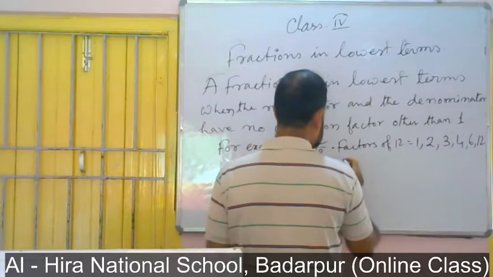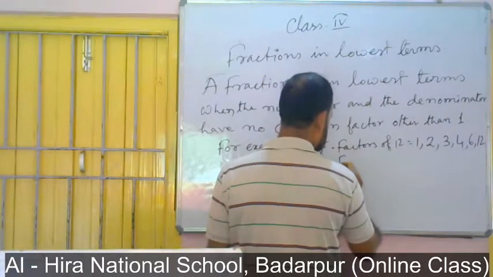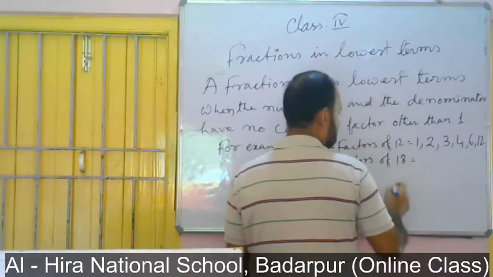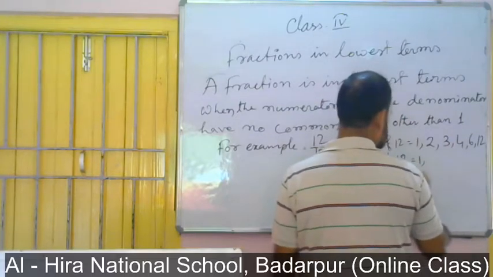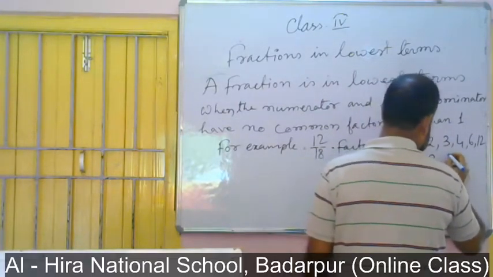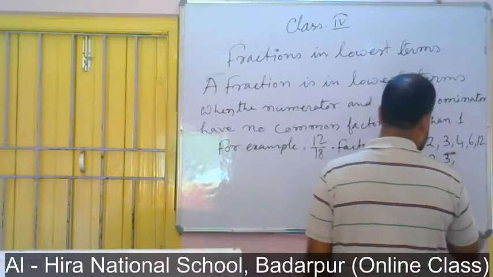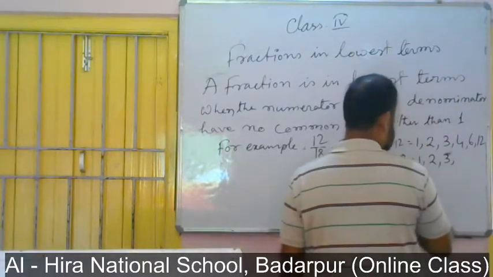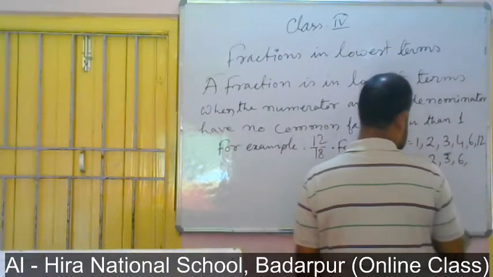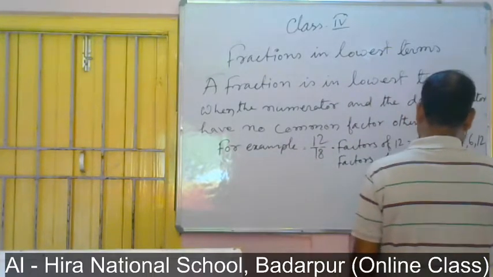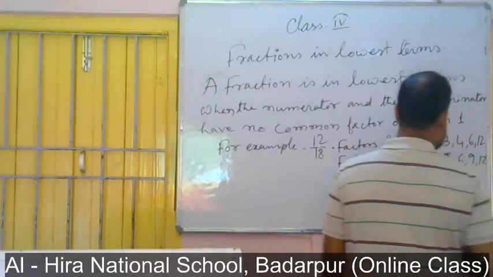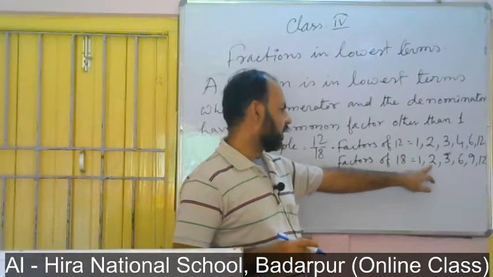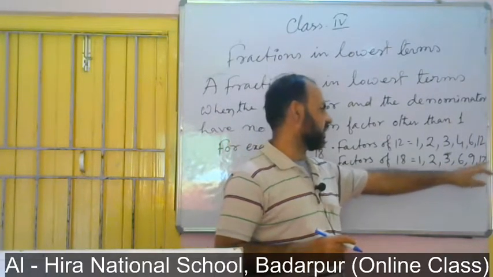Now the factors of 18, the denominator. 1 is a factor, then 2 nines are 18, 3 sixes are 18, so 3 is also a factor. 4 and 5 are not factors, 6 is a factor, then 9, then 18. So the factors of 18 are 1, 2, 3, 6, 9, 18.